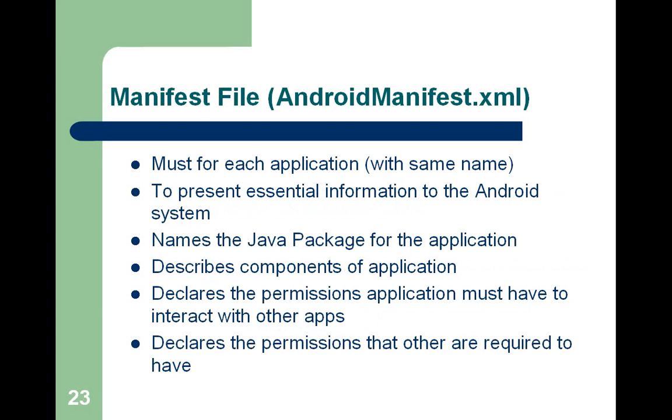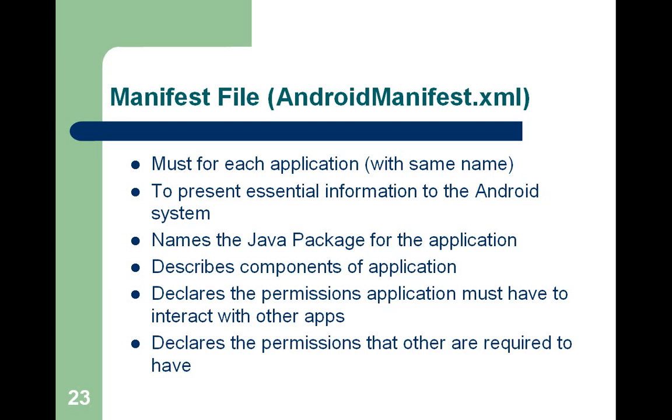This is the manifest file we talked about. It is a must for each application, and the name must be kept the same, and the name should be Android Manifest.xml. The purpose of this manifest file is to present essential information to the Android system, like this names the Java package for the application.